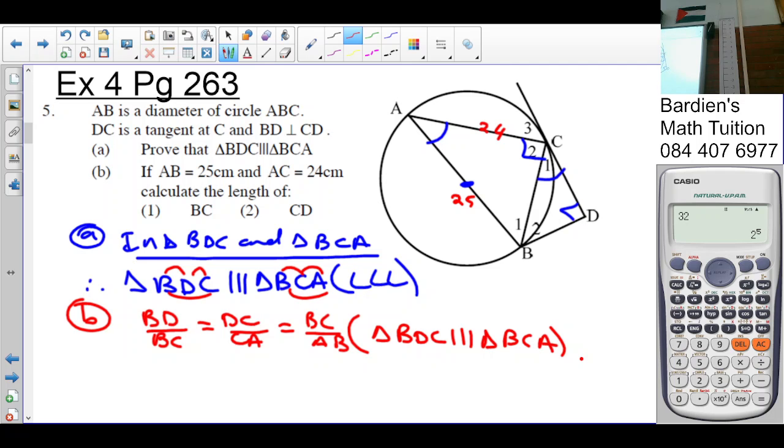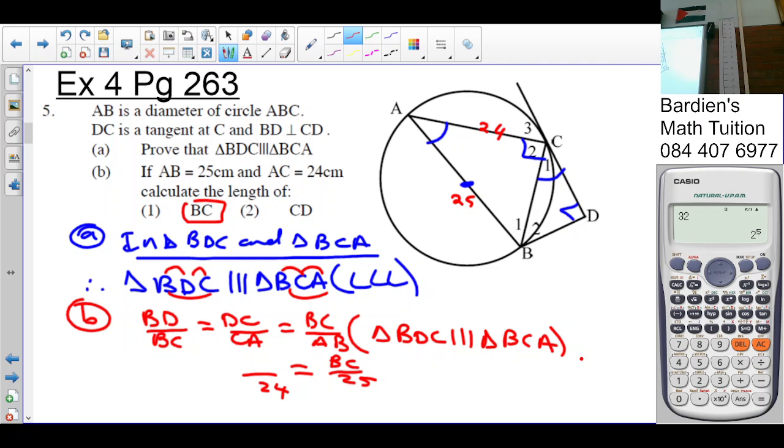So AB is here at the bottom, is 25. Then we got AC is 24. They want you to work out BC. So if you look at BC, BC is there.